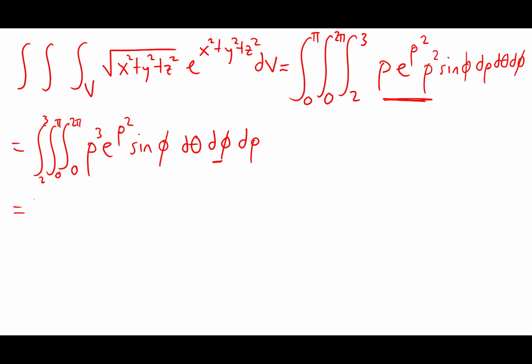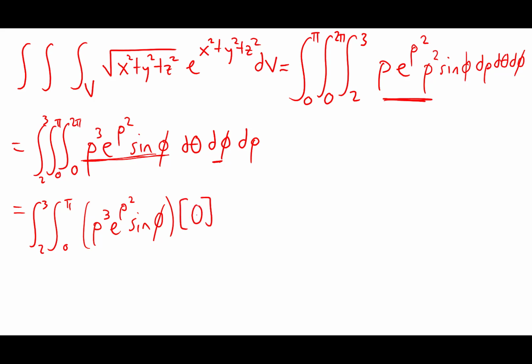All right. So if we integrate with respect to theta, notice theta is nowhere here. So the integral of this would just be this whole thing times theta. We'll get the integral from 2 to 3, integral from 0 to pi of rho cubed e to the rho squared sine of phi, in soft brackets, times theta, evaluated at 2 pi and 0, d phi d rho.